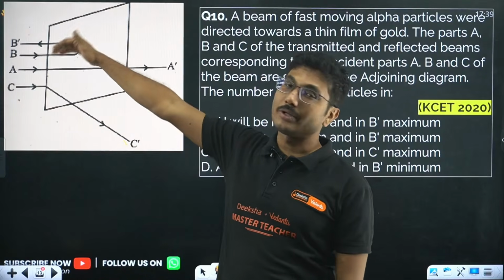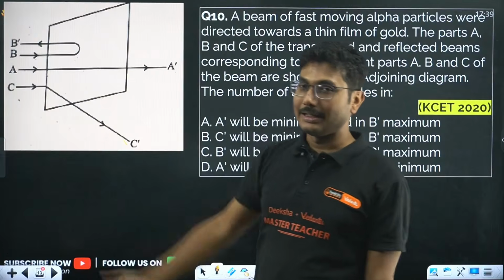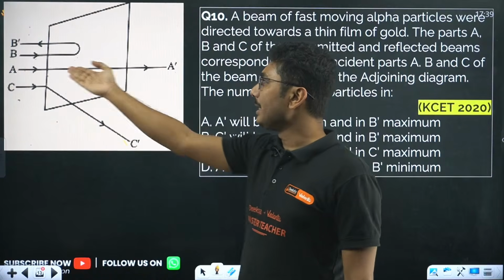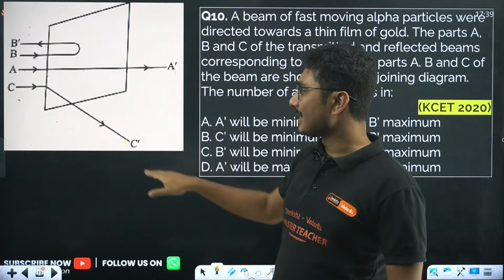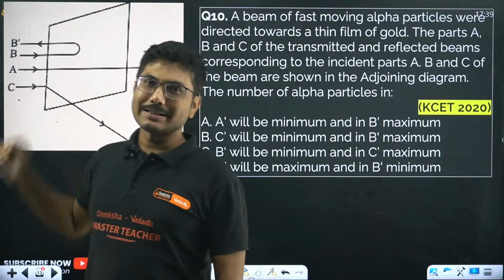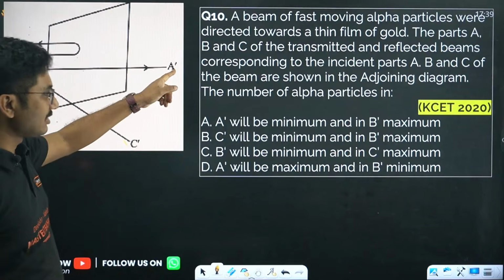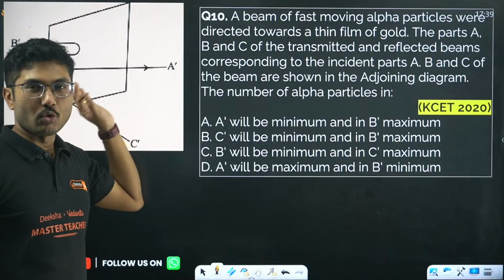So out of about 11,050, most go straight, some 40-45 go at some angle, and less than 1 goes straight back. So A dash is maximum, they go straight.